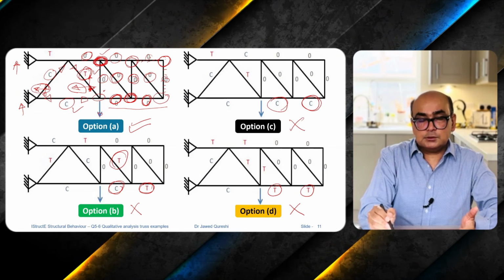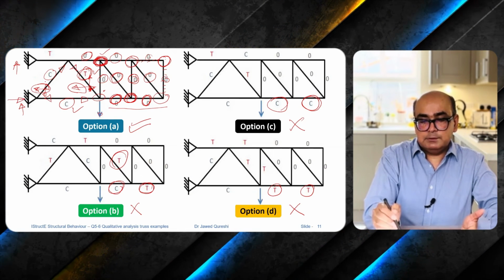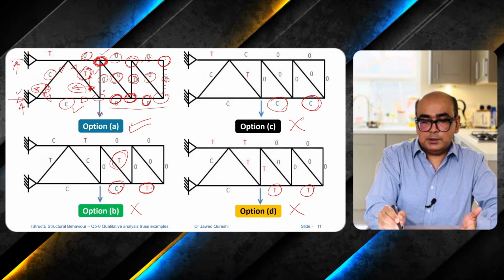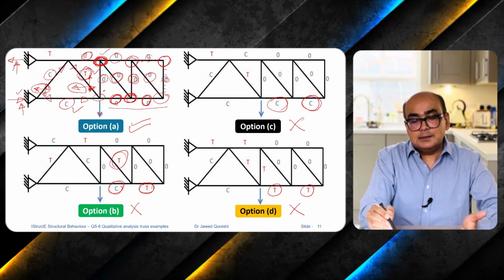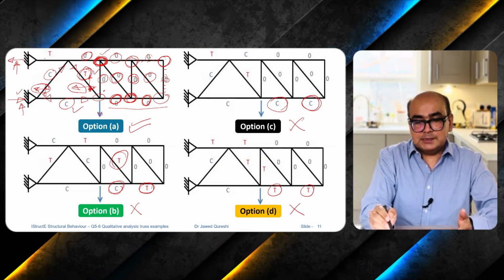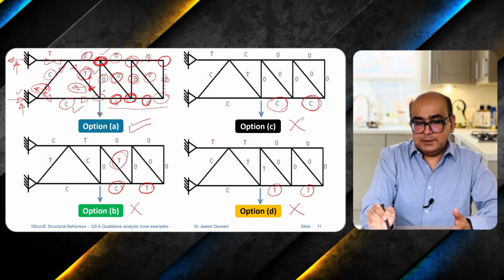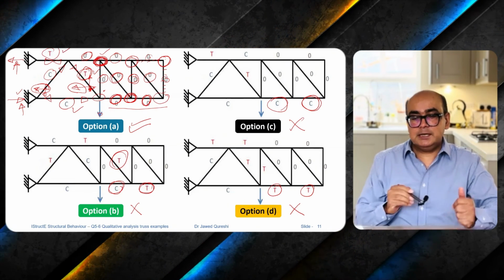Because of this horizontal component leftwards, the reaction here will be rightwards. When the reaction here is rightwards, then the reaction at the other support should be leftwards. When the reaction at the top support is leftwards, then the member force here should be pointing away from the joint. When it is pointing away from the joint, it is termed as tension.